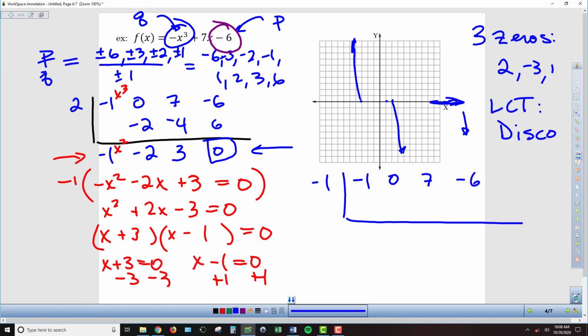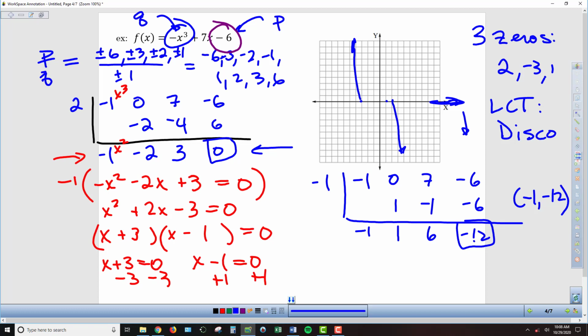And so if we roll through our synthetic division, -1, bring that down, -1 times -1 is 1, 0 and 1 adding, we get 1, -1 once again after multiplying, add and get 6, -1 times 6 is -6, add those and we get -12. So that means our graph goes through the point -1, -12.